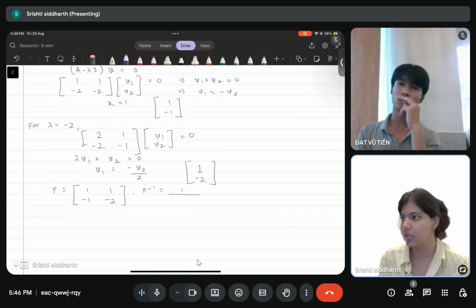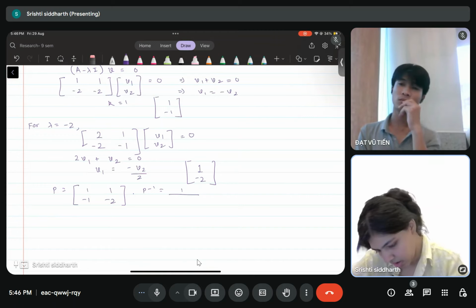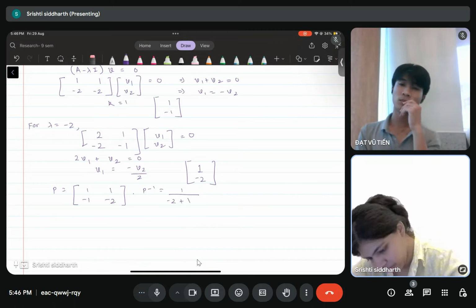Then the inverse is easy, so it's minus 2 plus 1.